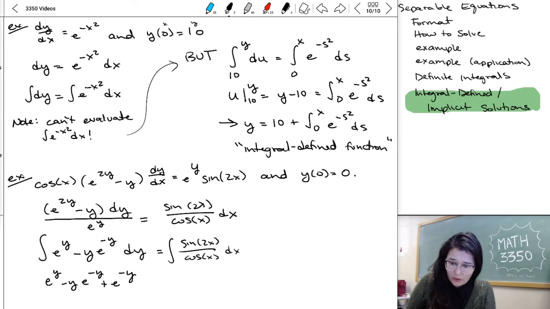And then we're going to do this the indefinite integral way, so let's go ahead and put a constant there. And then integrating the right side is a trig identity problem, and we would get minus 2 cosine of x plus a different constant.